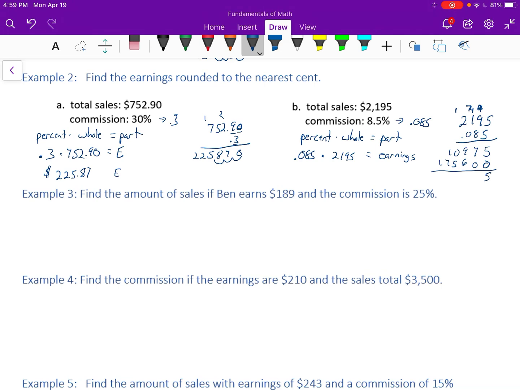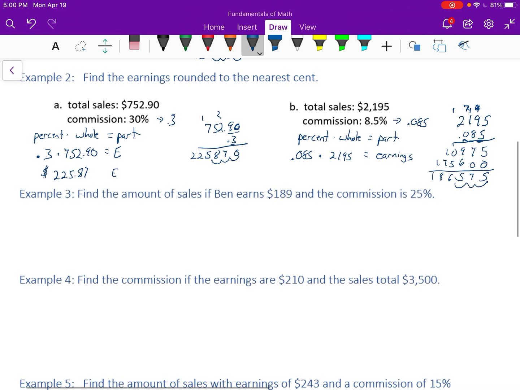We multiply, now we add 5, 7, 5, the 1, 6, 8, 1. We have 1, 2, 3 digits to the right of the decimal. So earnings turn out to be $186, and we're going to need to round, so, and 58 cents.